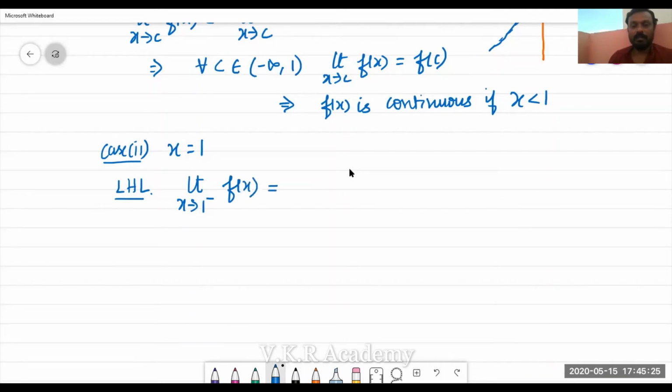By the algorithm to compute the left-hand limit, it is limit h tends to 0 f of 1 minus h.